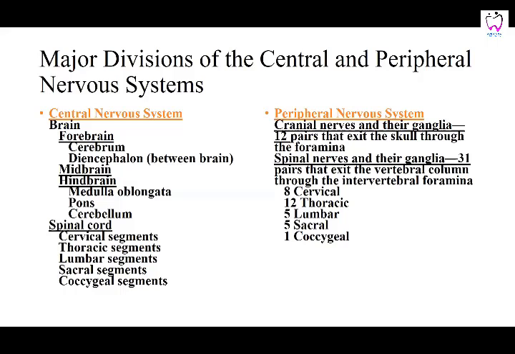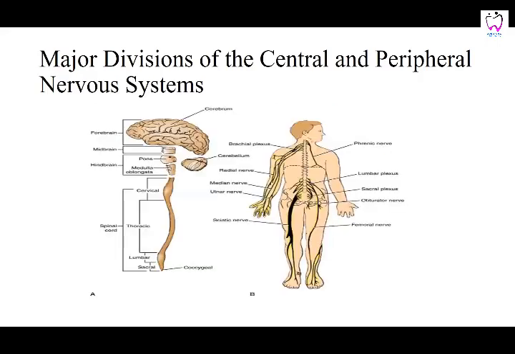The spinal cord and the brain itself are your central nervous system, and the nerve fibers which come out along with their ganglia are your peripheral nervous system, the cranial nerves plus the spinal nerves. See in this picture, this is the central nervous system: the cerebrum, forebrain, midbrain, hindbrain, and then the spinal cord, and then the different plexuses of the nerves, which are your peripheral nervous system.